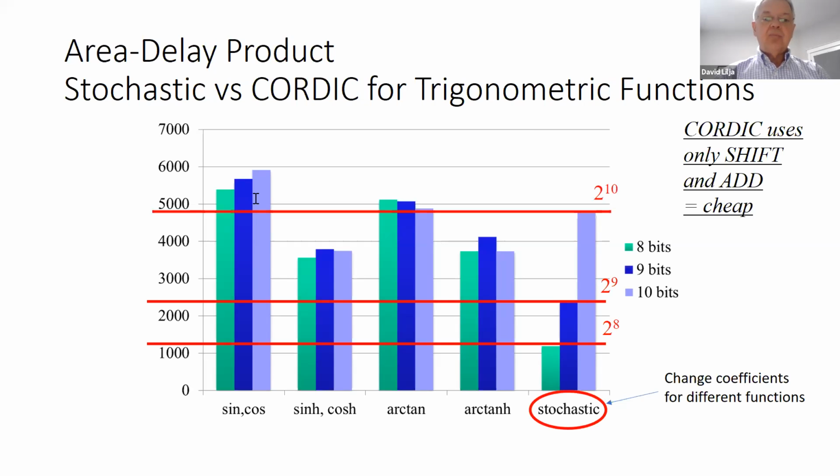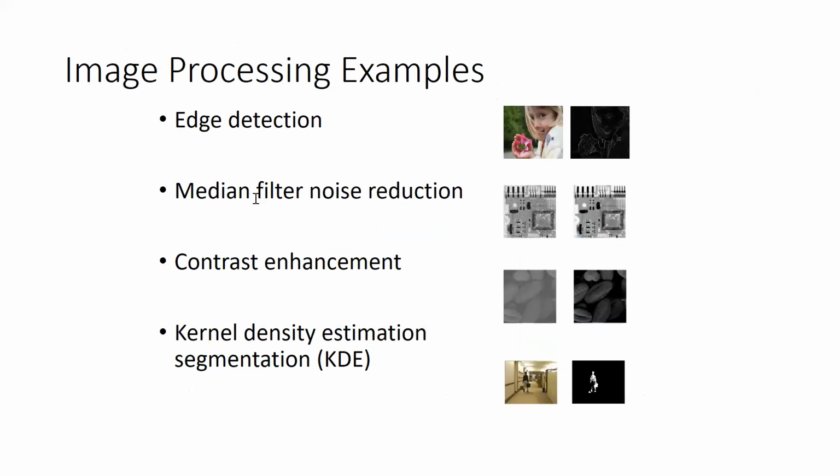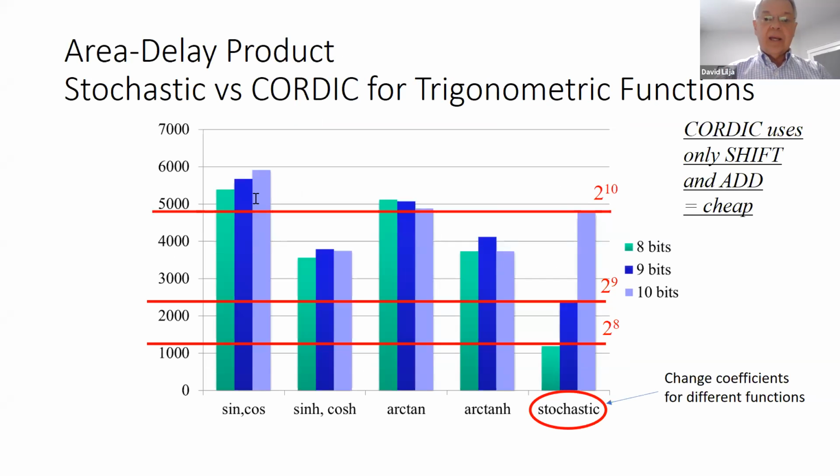If I go to 10 bits, now the stochastic implementation wins for a couple of cases, but it loses for a couple of cases. And this is because in the stochastic implementation, I have very high delays when I get a large number of bits. Even though the cost is really low, that delay kills the area delay product. All right, so that's just some simple circuits there.